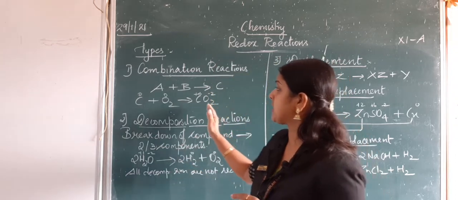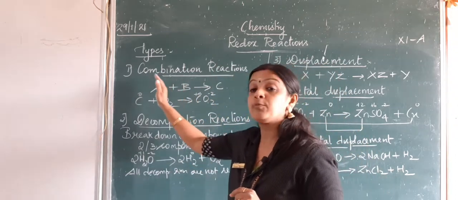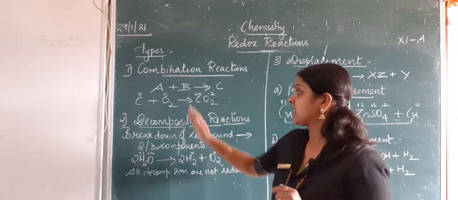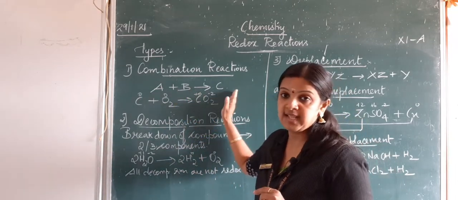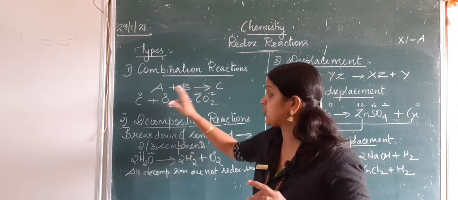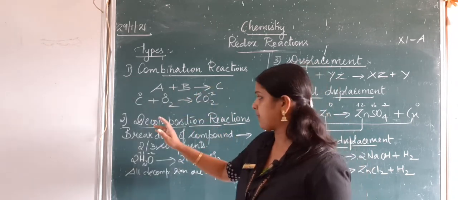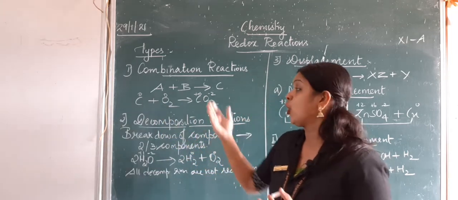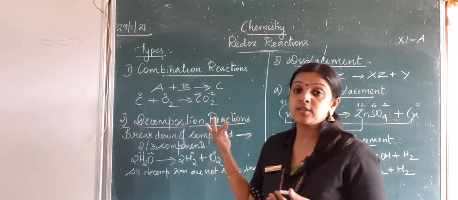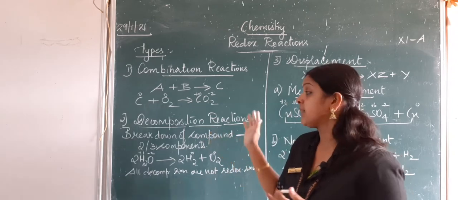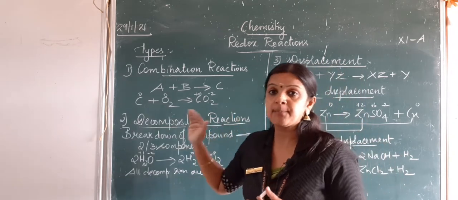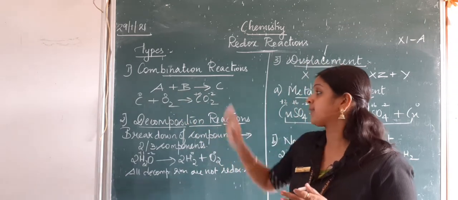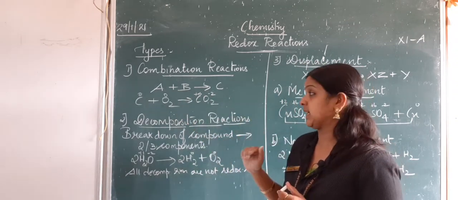On the reactant side we have more reactants and there is only one product, like A plus B giving C. A simple example is carbon plus oxygen giving carbon dioxide, or methane plus oxygen giving carbon dioxide again.